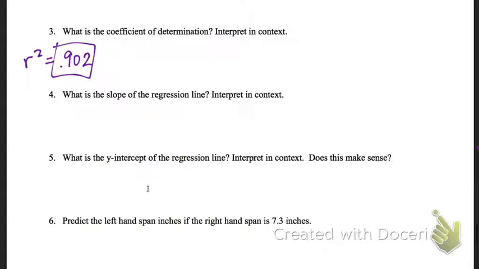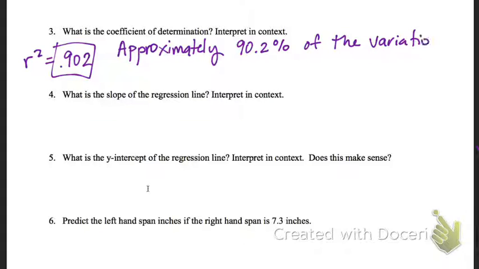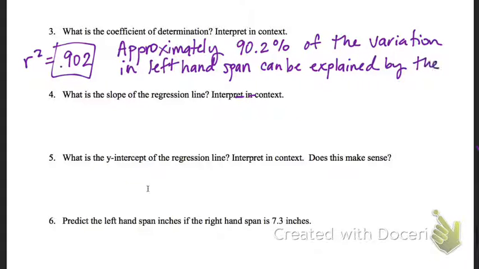So look at the script on page 99, and I am going to write: approximately what is my r squared in a percentage, 90.2% of the variation in what is my y variable, in the left hand span, can be explained by the LSRL of right hand span and left hand span.